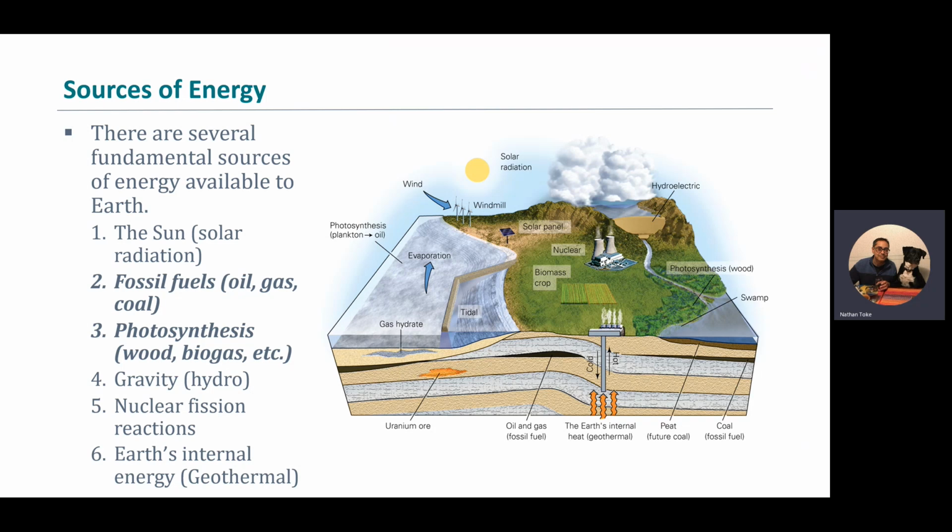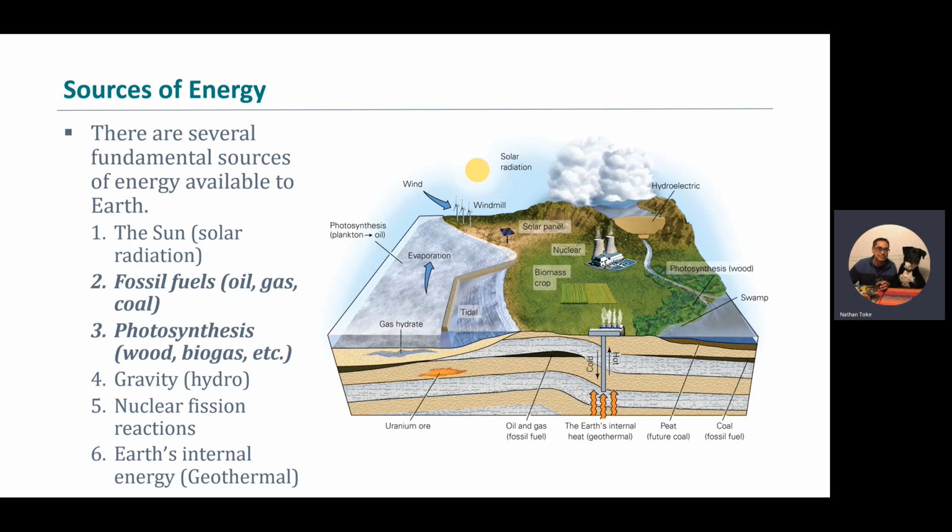And then I've thrown in gravity here because that's related to tectonics, lifting mountains up, but then the sun moving around water on Earth allows us to have hydroelectricity. And then we can take advantage of other things, chemistry-wise: we can use nuclear fission reactions and perhaps someday also fusion reactions.